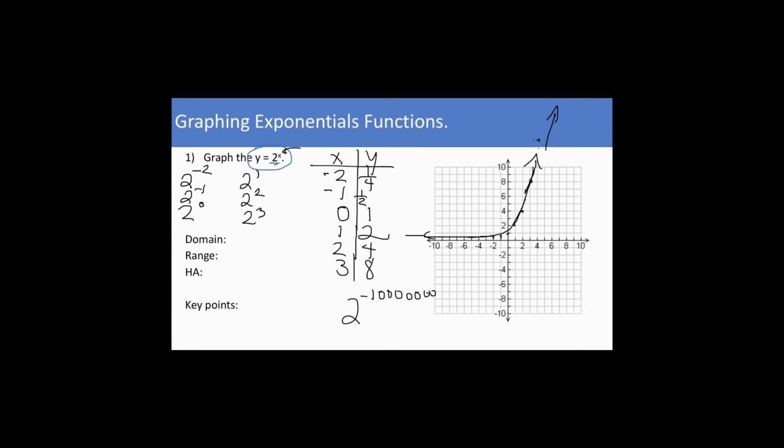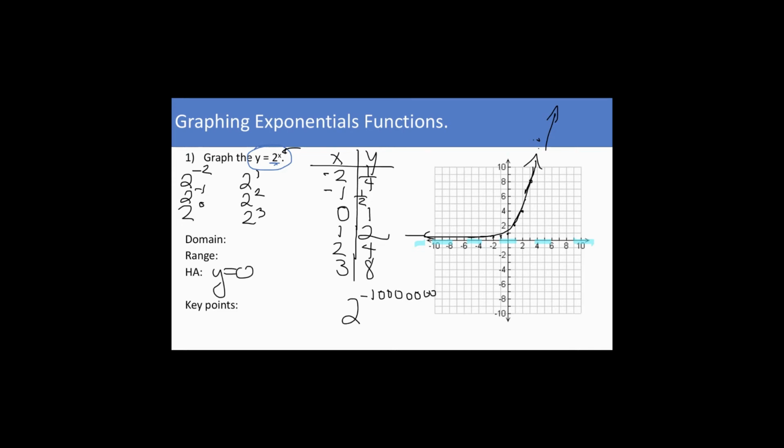So it'll be very small, but it will never hit 0. It will never be negative. So because of that, it has a horizontal asymptote. So it approaches 0, but it does not touch nor pass it. So we have a horizontal asymptote at y equals 0.